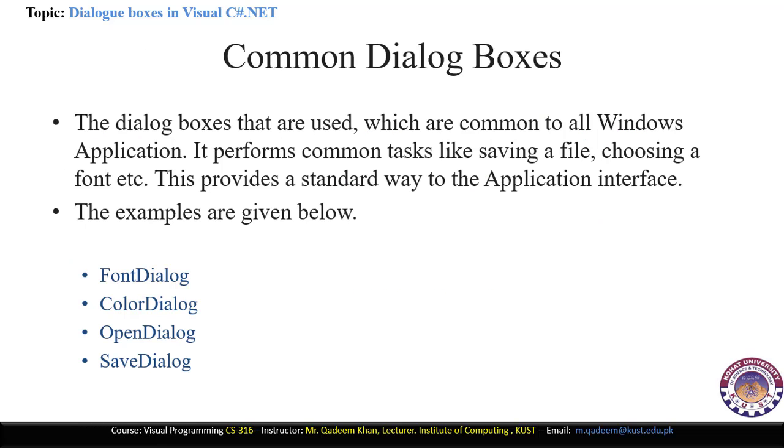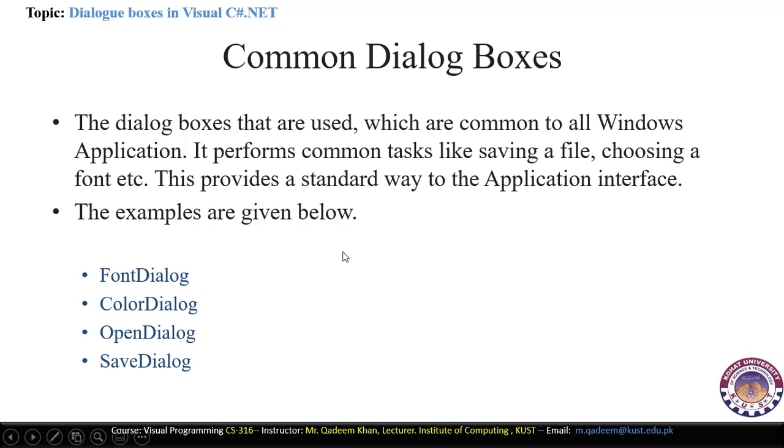Now there are many dialog boxes. These dialogs are mostly used. For example, we have dialog boxes such as the font dialogs, color dialogs, open dialogs, save dialogs, and similarly the print dialogs as well.